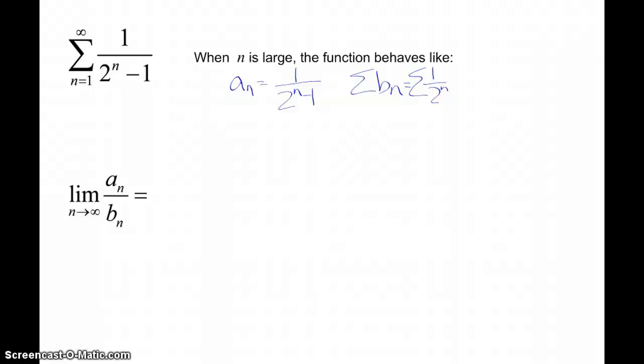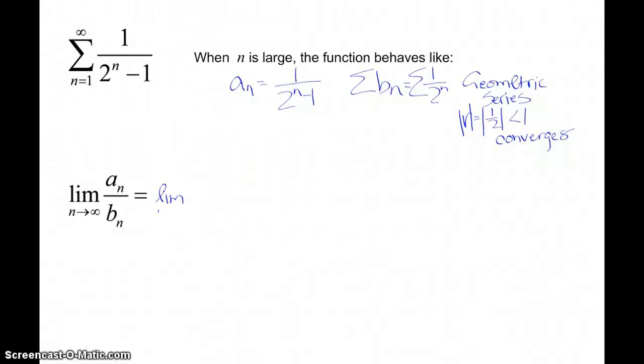Now, I need to state to the AP reader that I know how B sub n behaves. B sub n is a geometric series. This is the work that I would have to show, where r is 1/2, and I recognize the absolute value of r is less than 1. So this series converges. So when I put A sub n in this limit in the numerator and B sub n, that I've already stated converges, in the denominator, I would hope to get either 0 or some real number value.